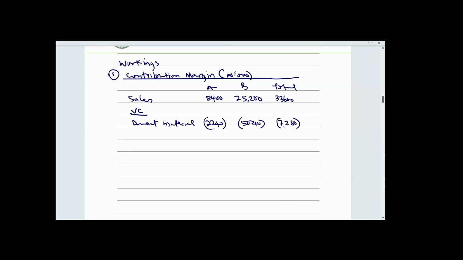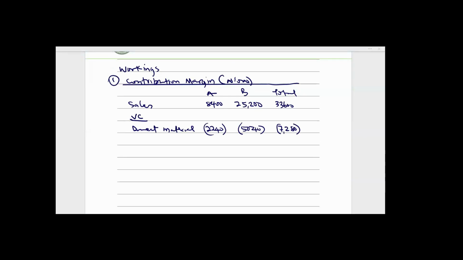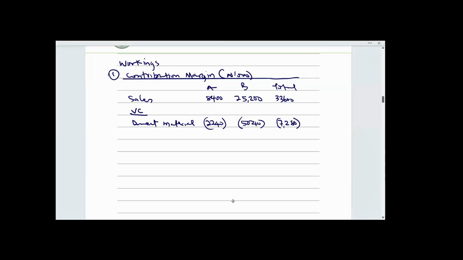Then after direct material, we have direct labor 1120, 3360. This is direct labor. Okay. Then the total is 4480.